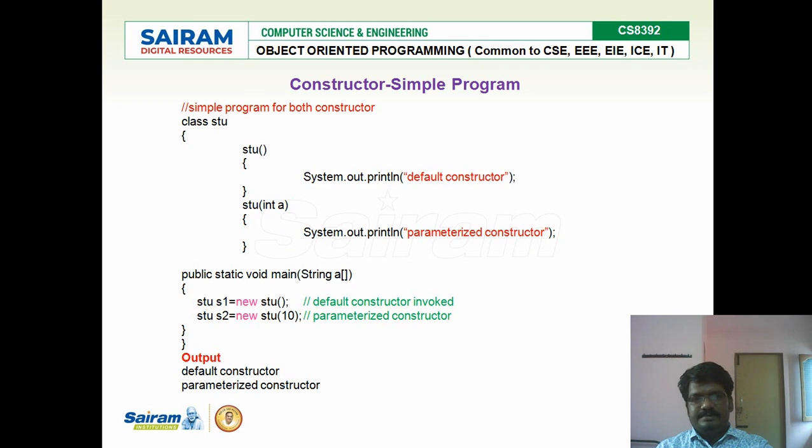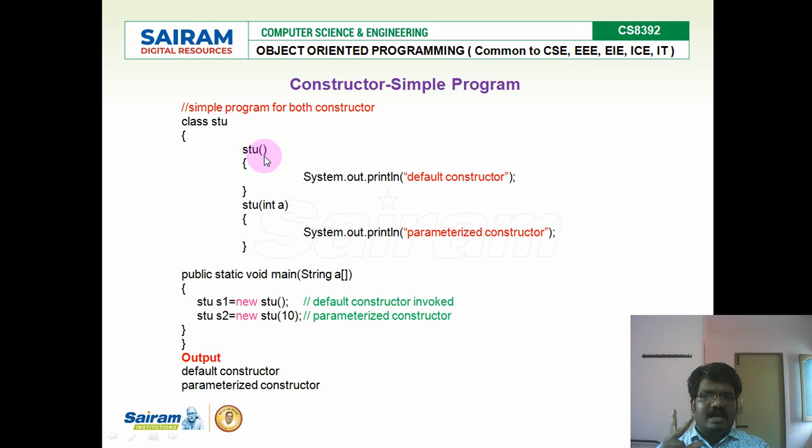Come, let's see the example. Here I have a simple program. Class name is Stu, and the function having the same name as the class name has no parameter and no return type. So this is going to be called a default constructor. If the function name is the same as the class name, that is a constructor.